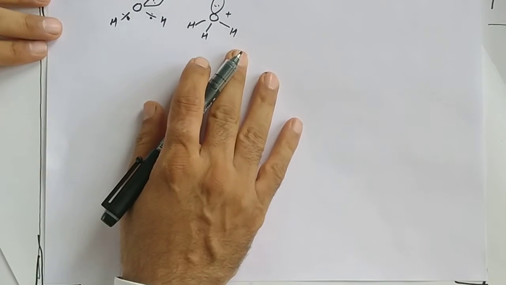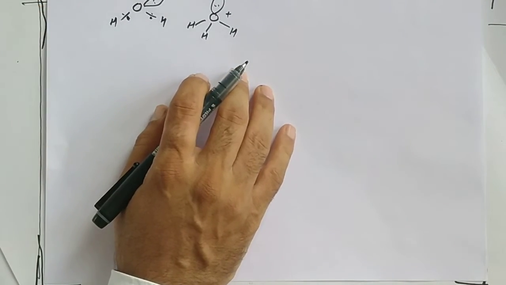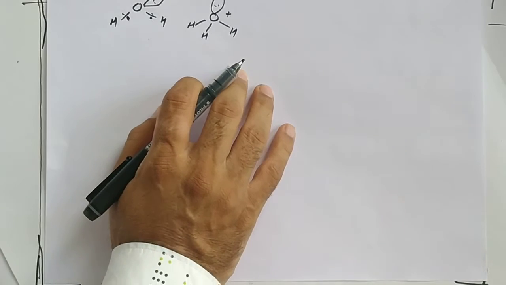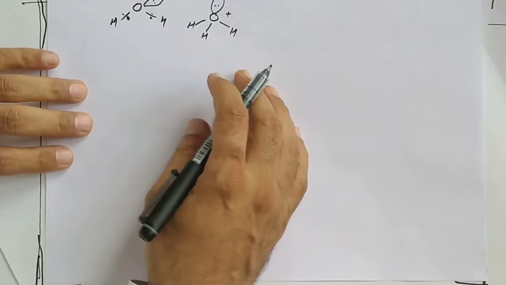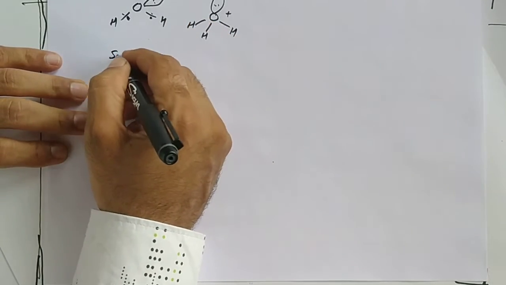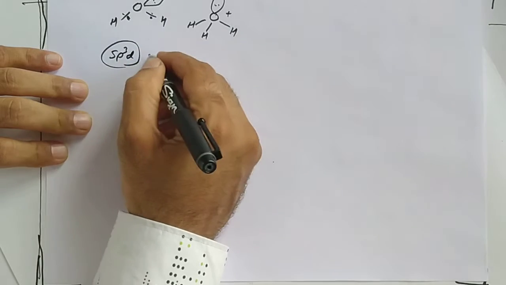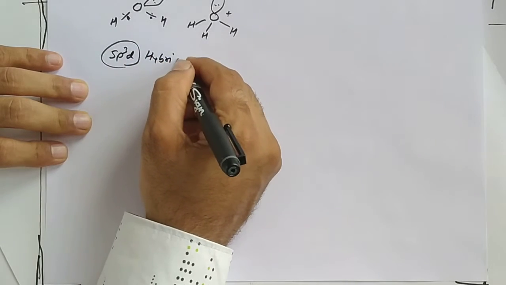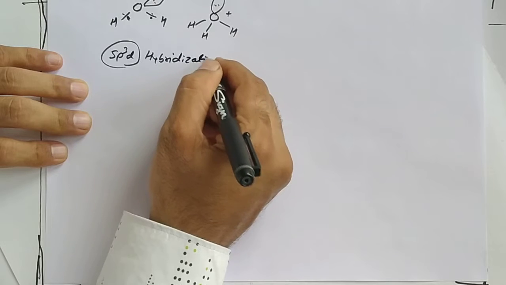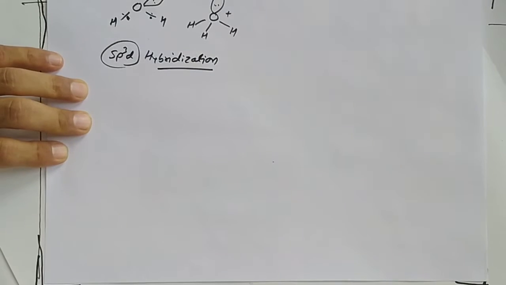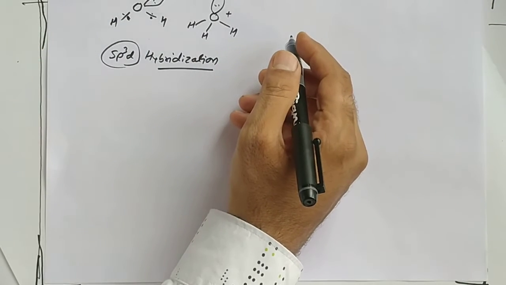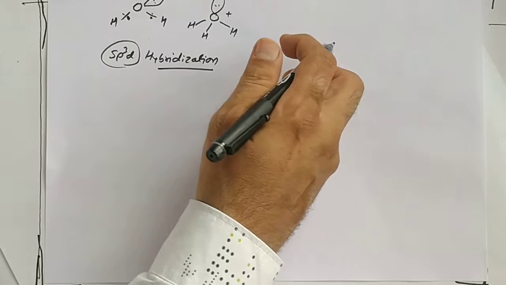Now next, sp3d hybridization. All the 5 pairs are bonding.